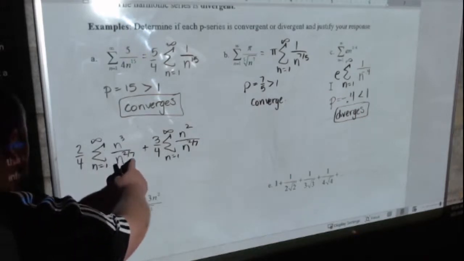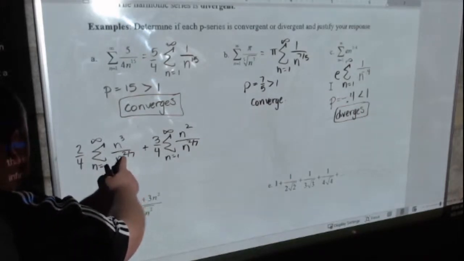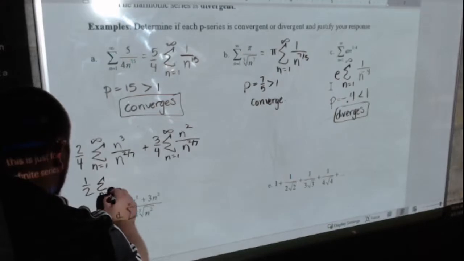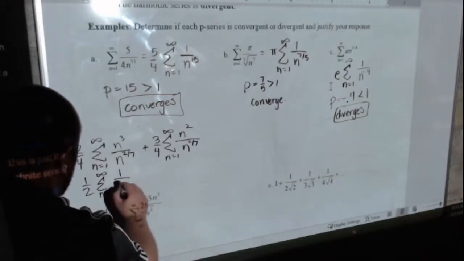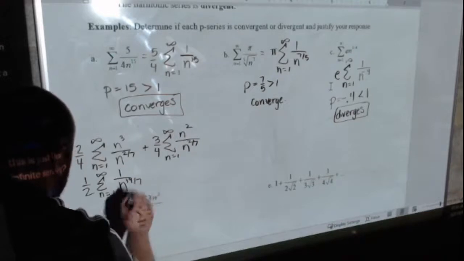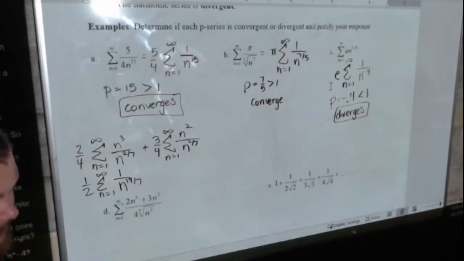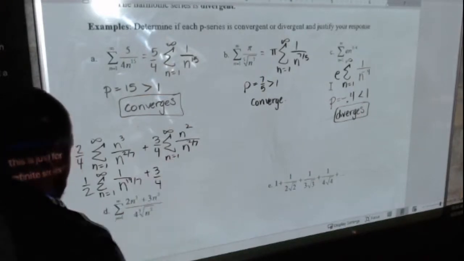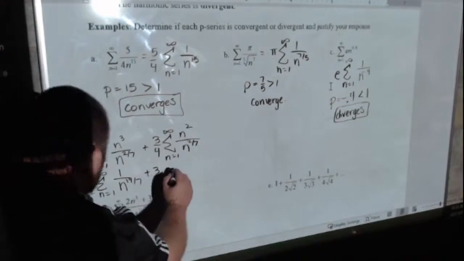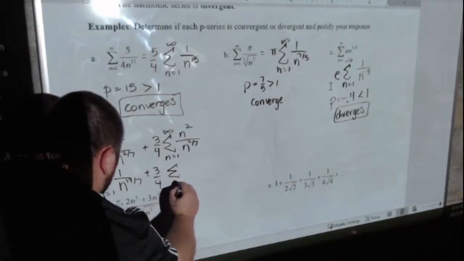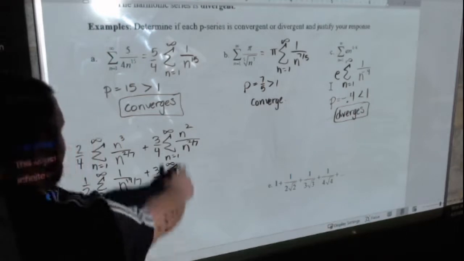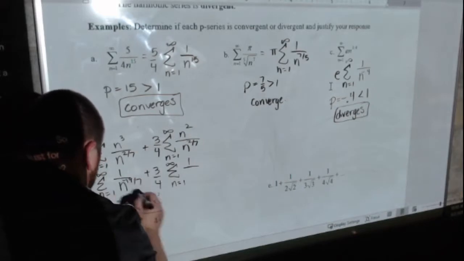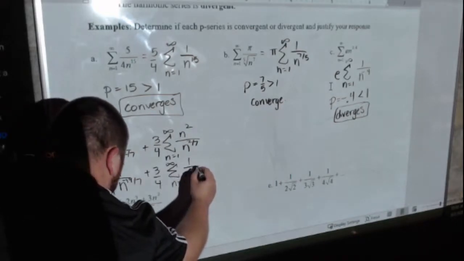So this would be 21/7 minus 2. So that reduces down to 1 over n to the 19/7. And the second one reduces down to 14 minus 2, or, sorry, this is minus 19/7, and this is minus 12/7.